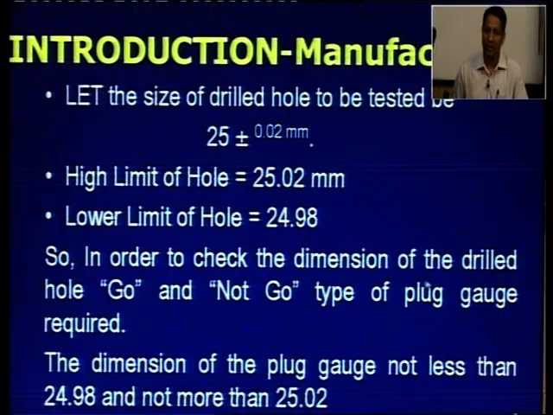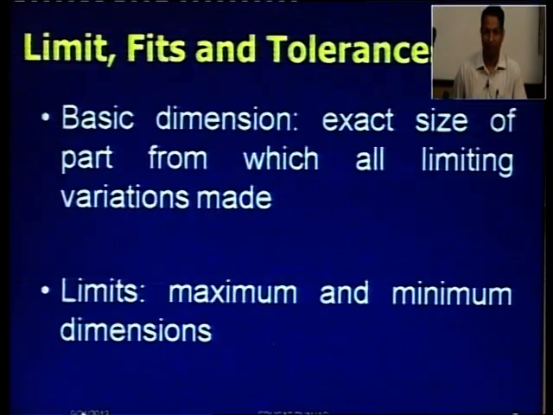So in order to check the dimensions of the drilled hole, go and not go type plug gauges are required. The dimensions of the plug gauge should not be less than 24.98 and not more than 25.02. That type of gauge above 25.02 is called not go gauge. That kind of gauge above 24.98 is called go gauge.